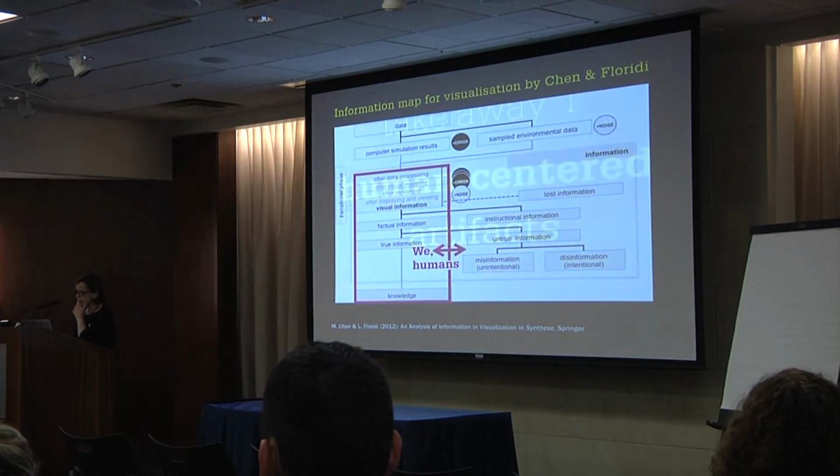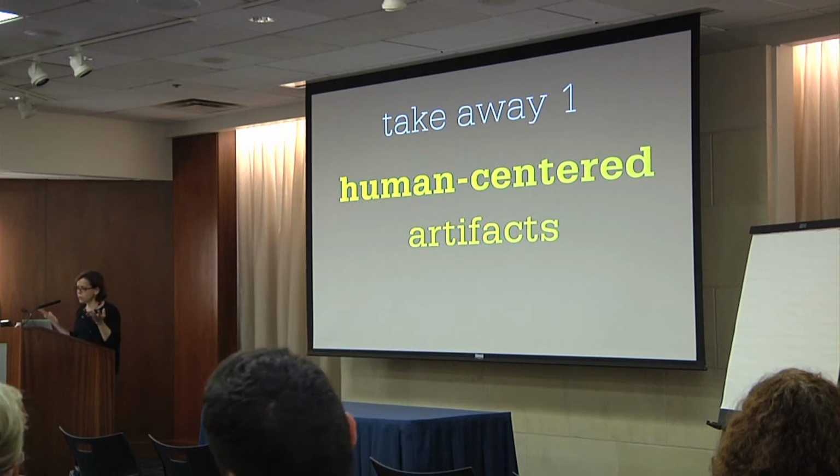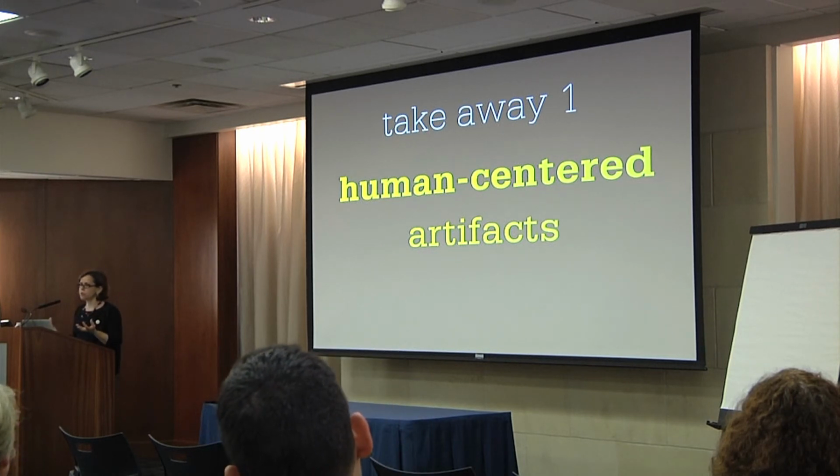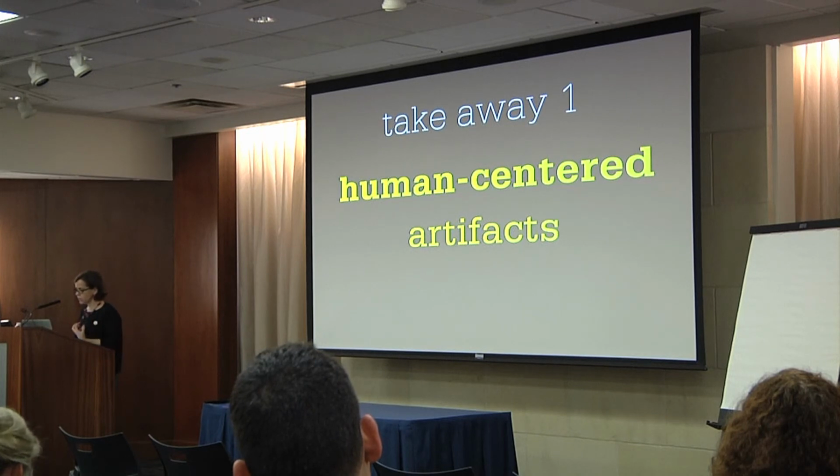So basically, the first takeaway would be that whatever we do in terms of visual representations, they are human-centered artifacts, and we are in the center of that, both as doing them as well as receiving them.